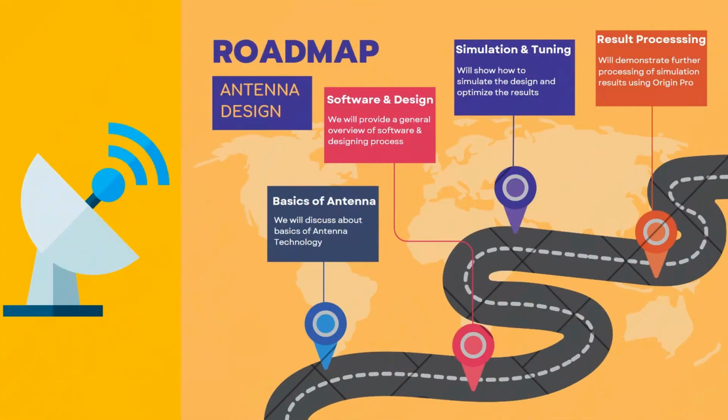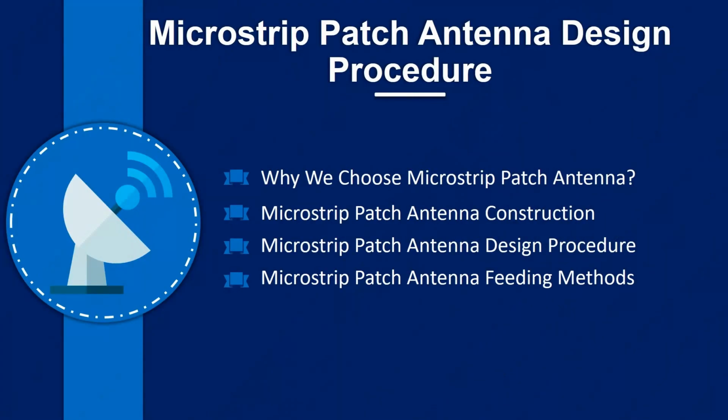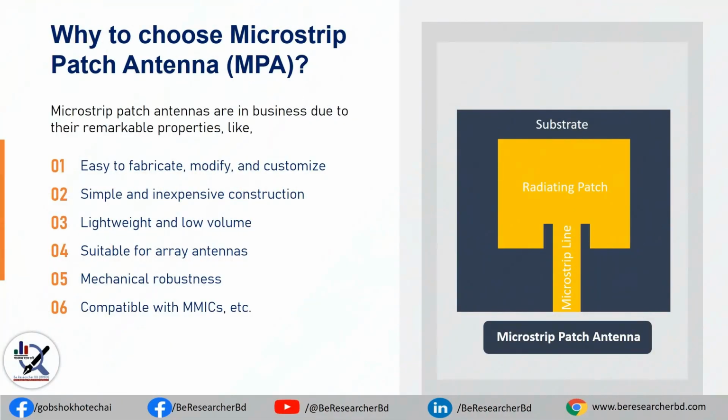So far, we have discussed the fundamentals of antenna technology, where we shed light on antenna radiation mechanisms, antenna types, and crucial antenna parameters. In today's lecture, I am going to discuss the fundamental concepts and design procedures of a microstrip patch antenna. Before we go through the details, you may ask why we should know about microstrip patch antennas.